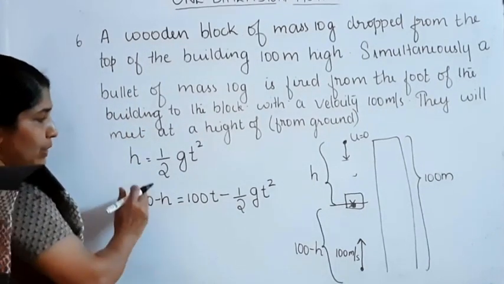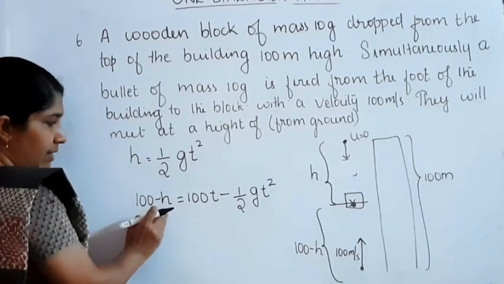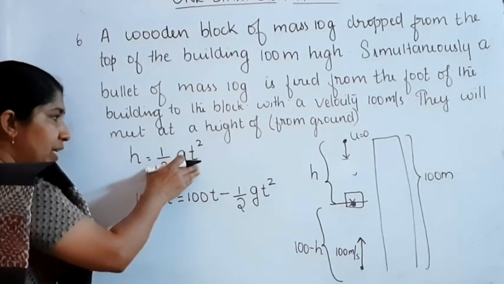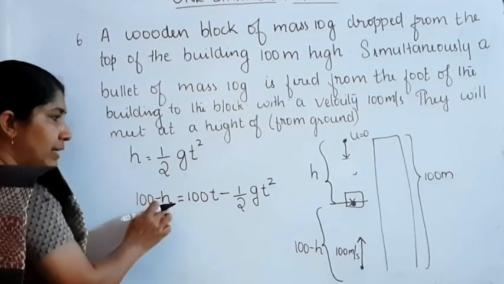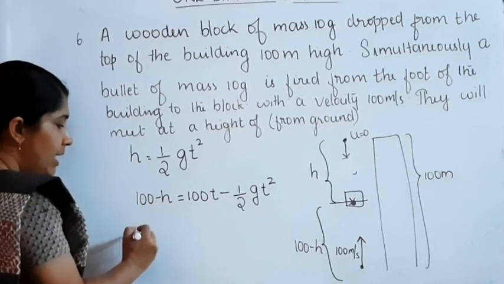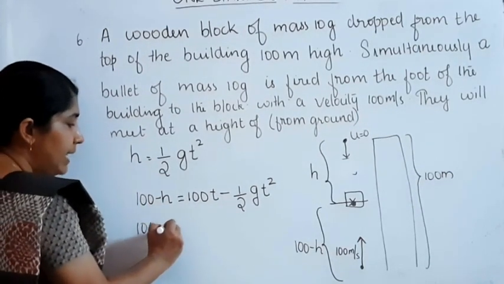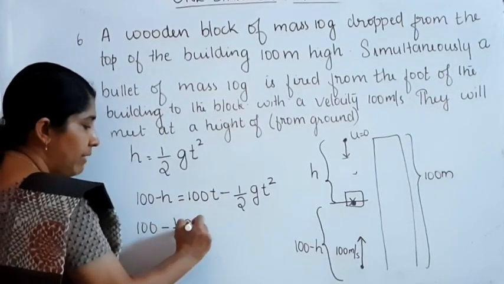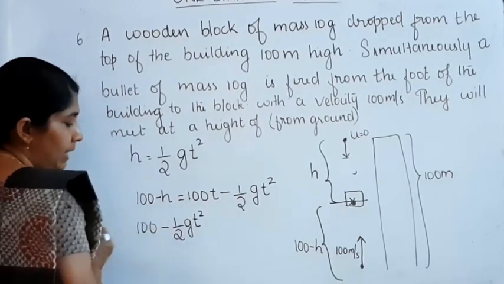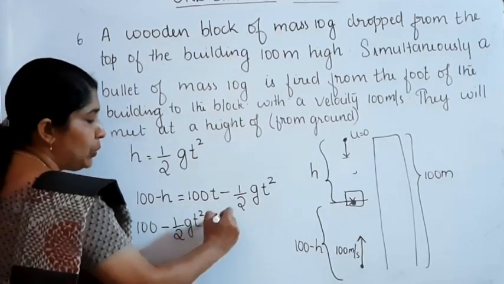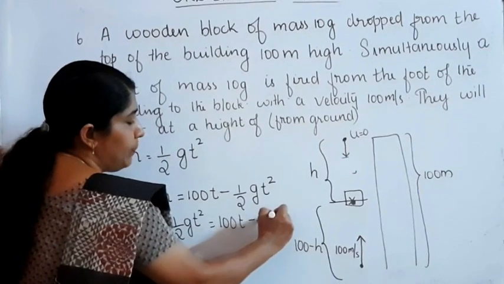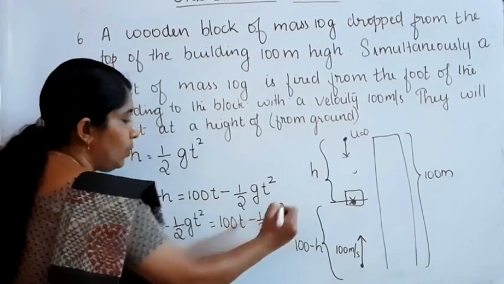How can we solve these two equations? By putting the value of h equal to half g t square in this equation: 100 minus h is equal to 100 t minus half g t square, so half g t square is equal to 100 t minus half g t square.